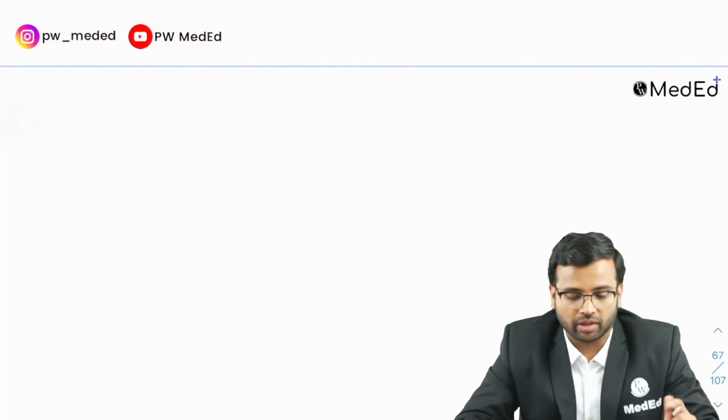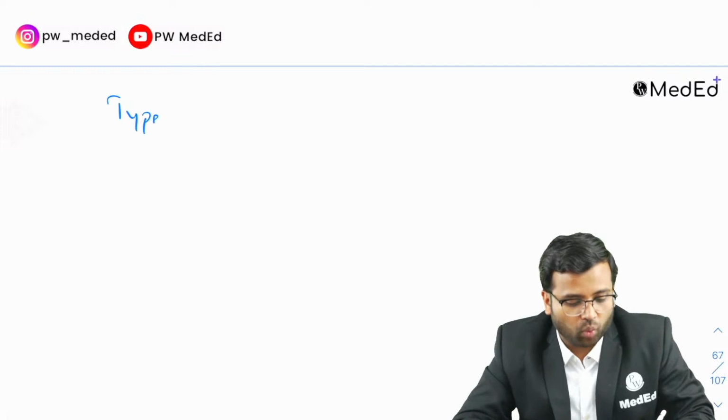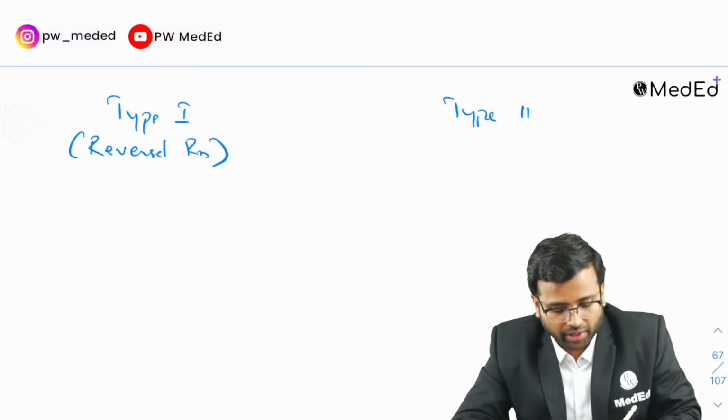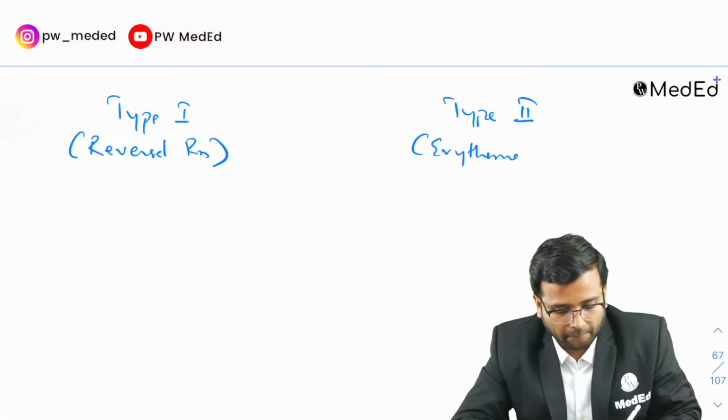Type 1 lepra reaction is also called a reversal reaction, whereas type 2 lepra reaction is called erythema nodosum leprosum.